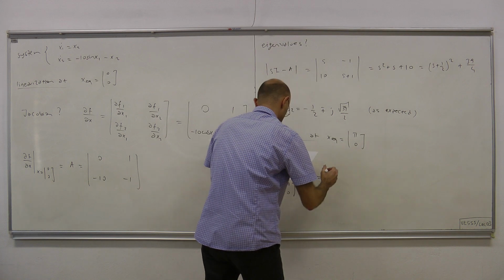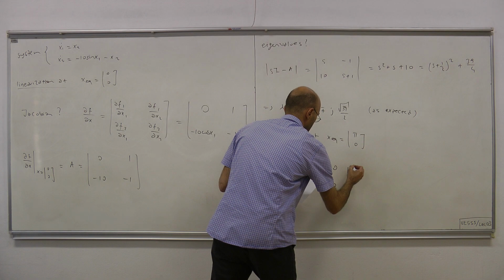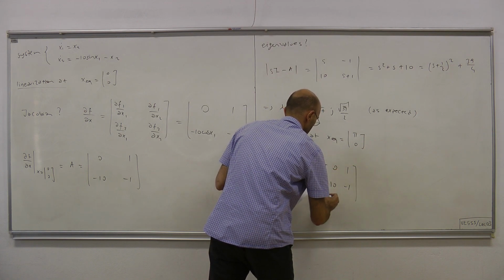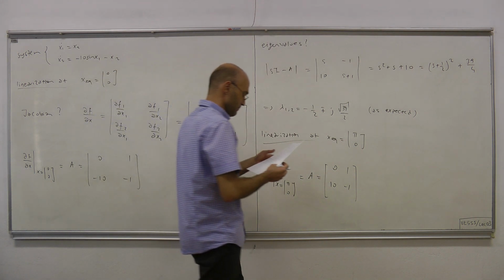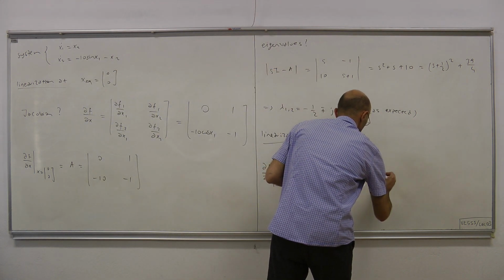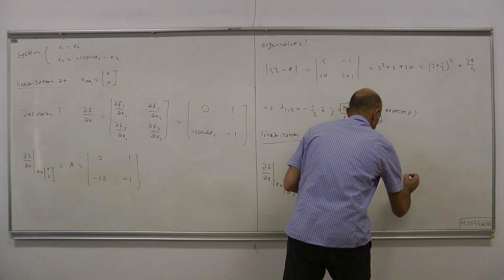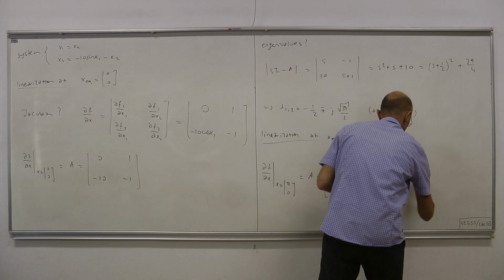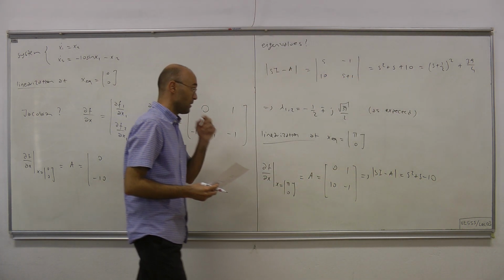In this case we have 0, 1, 10, and minus 1. Okay. How about the eigenvalues of that? The characteristic polynomial of sI minus A reads s squared plus s minus 10 this time.